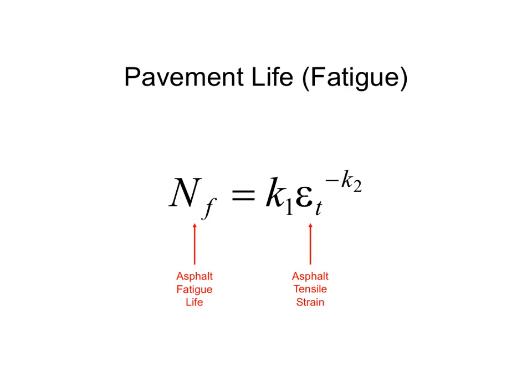In case of fatigue, if this is the fatigue equation for asphalt pavement, here NF is the fatigue life, the number of passes, and K1 epsilon t to the power minus K2, where epsilon t is the asphalt tensile strain.